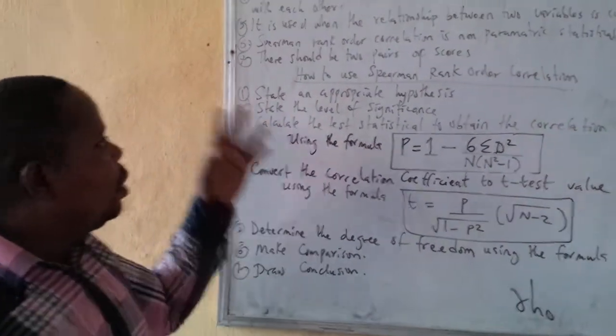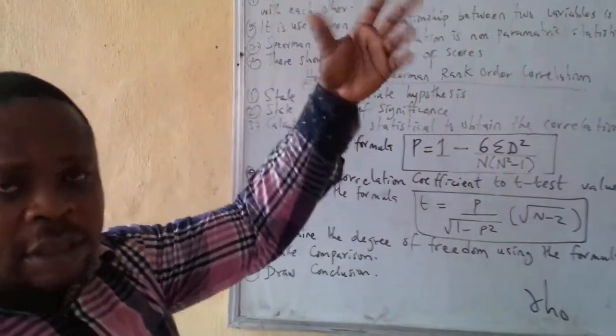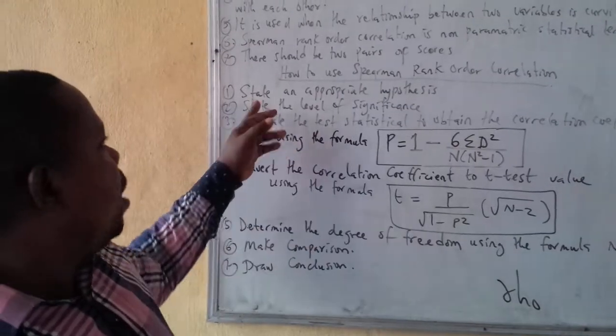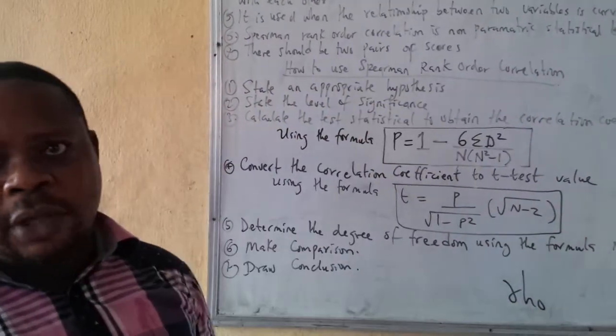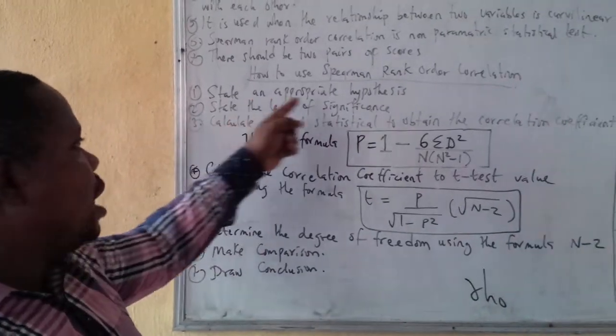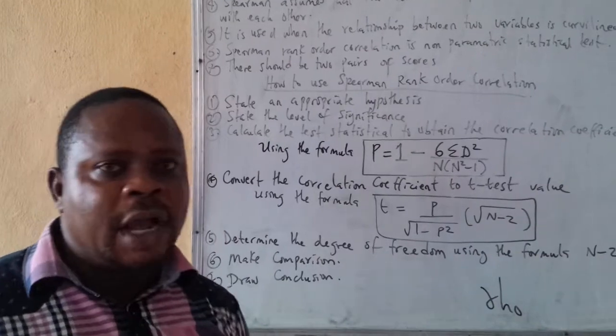Okay? Now, how do we use the Spearman rank order correlation in testing hypothesis? Number one, you must state an appropriate hypothesis. I know you are conversant with this. And then 2, state the level of significance.